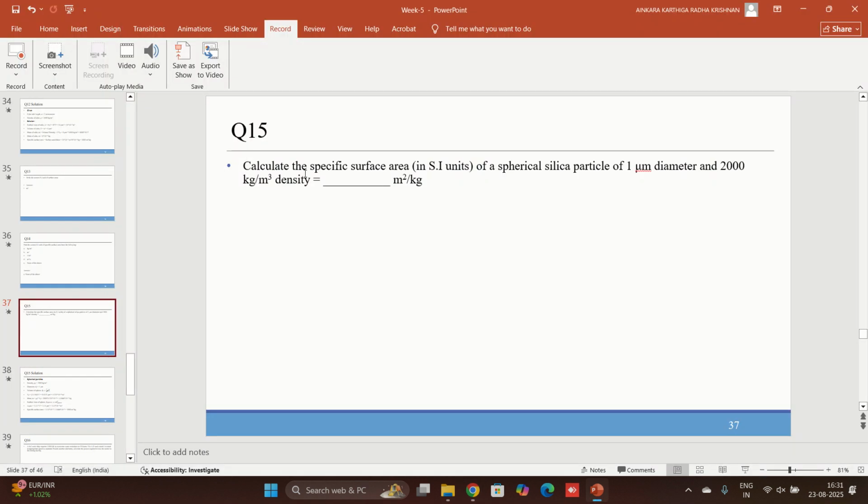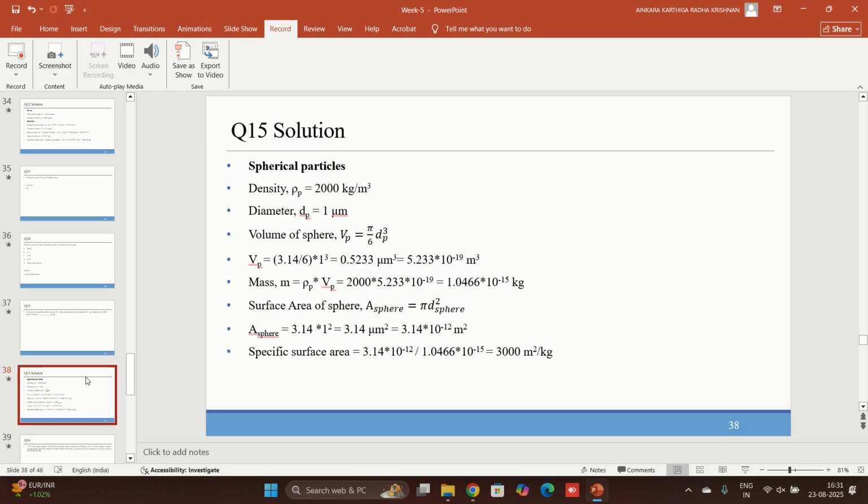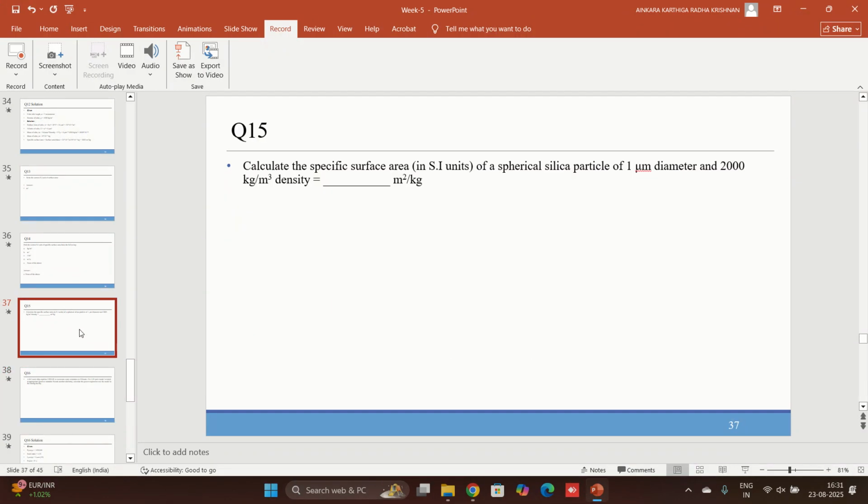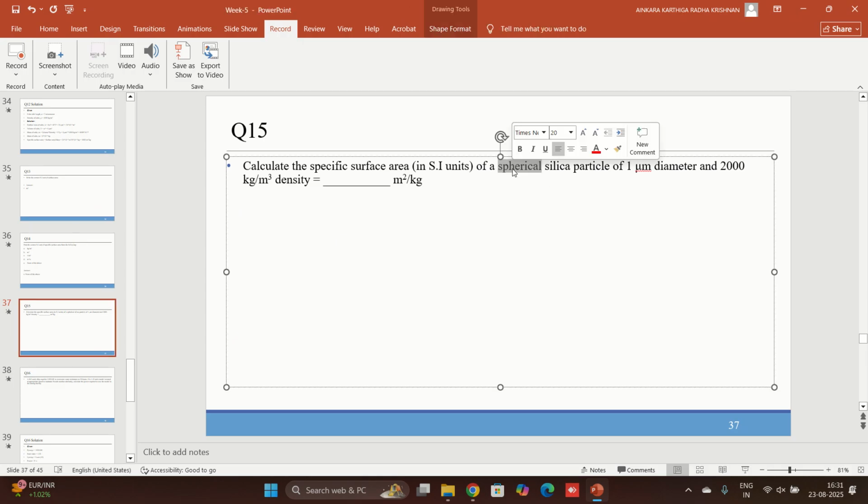Okay, since the question is the same, what we can do is change the shape of the particle. We can take a cylindrical silica particle of 1 micrometer diameter, and since it is a cylinder we have to have a height.